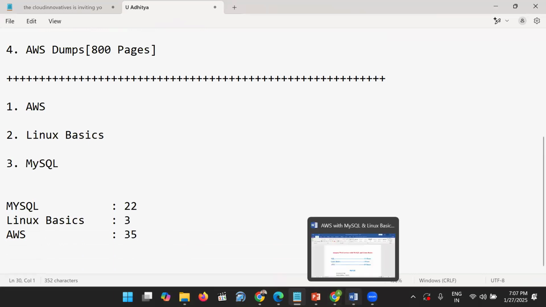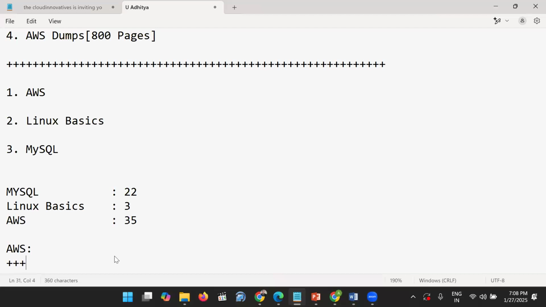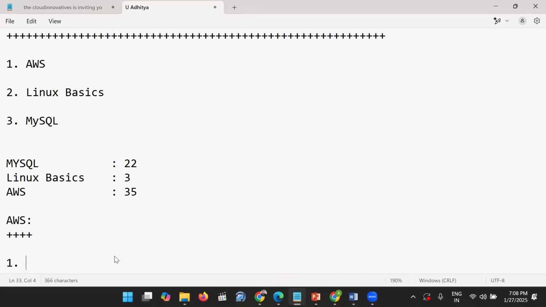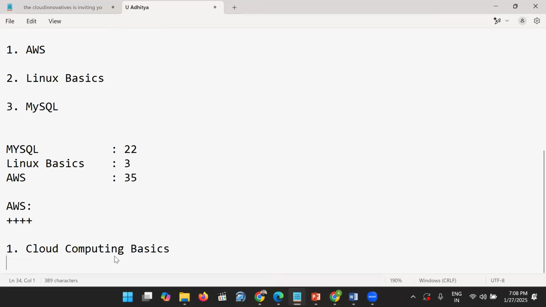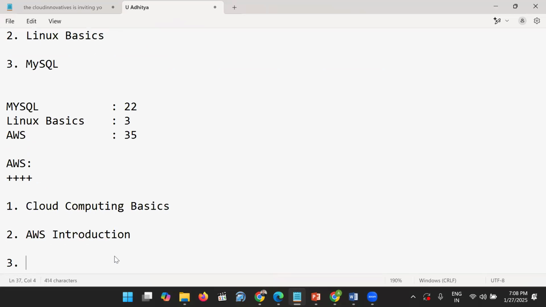Okay, fine. Sir, what content do we have to majorly cover in the training program? I can cover the AWS contents majorly. First, I'll give the basics of cloud computing. Once the basics are complete, then AWS introduction, where I can cover the global infrastructure and the AWS free tier limitations.